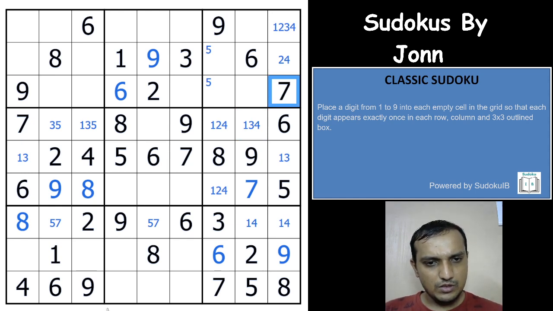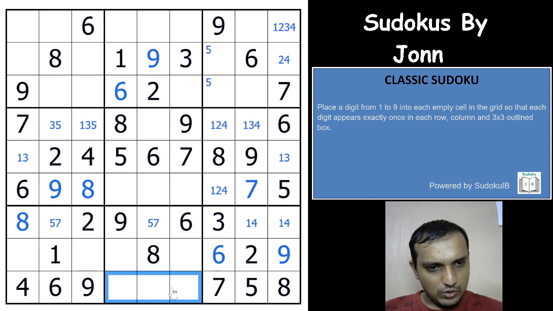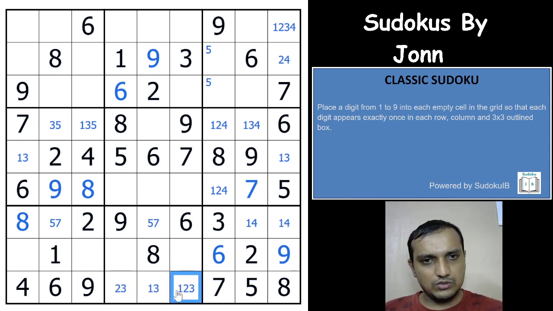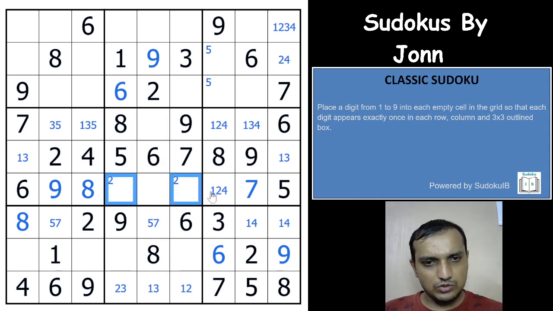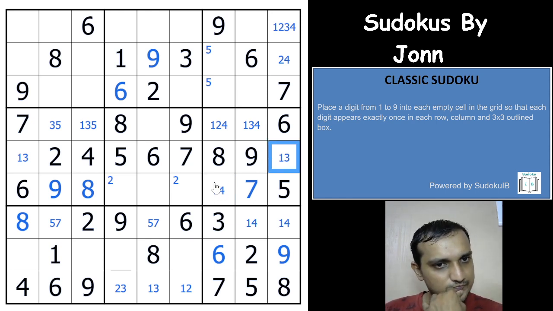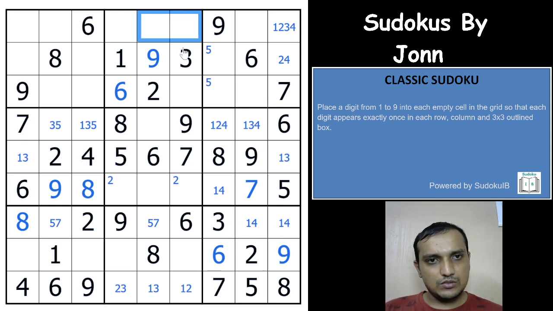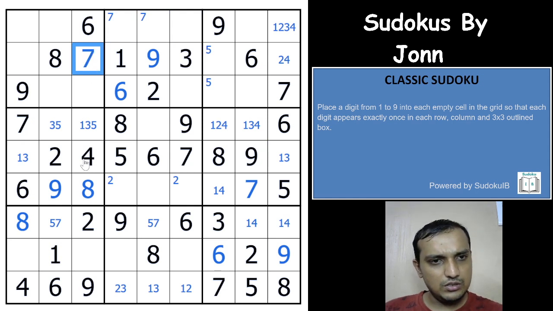1 2 and 3 here, so this cannot be 1, this cannot be 2, this cannot be 3. 2 would have to be in one of these two cells, so that removes 2 from this cell. 1 3 4 and 8. 7 would have to be in one of these two cells, that gives you a 7 here, and a 7 here, that gives you a 5 here.